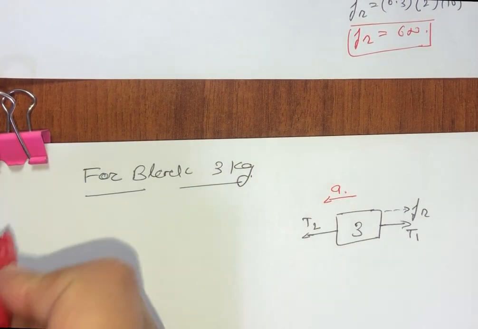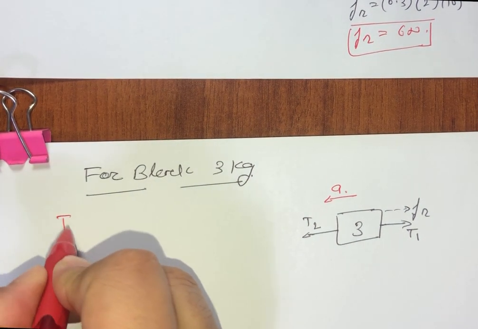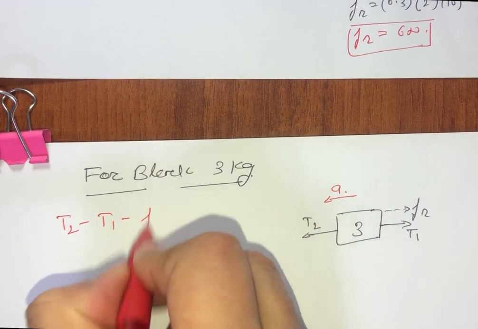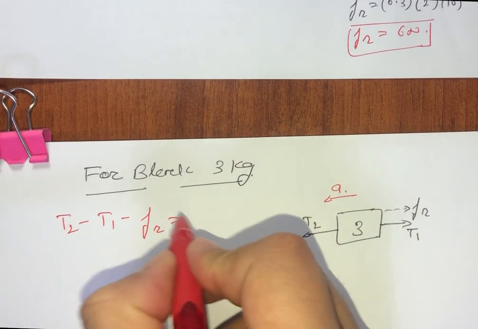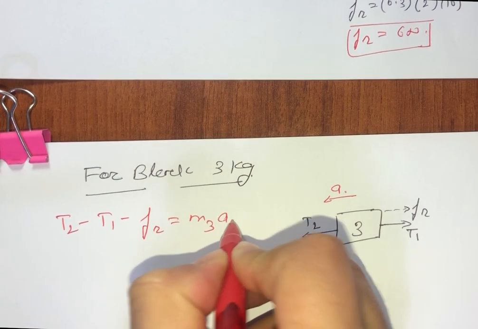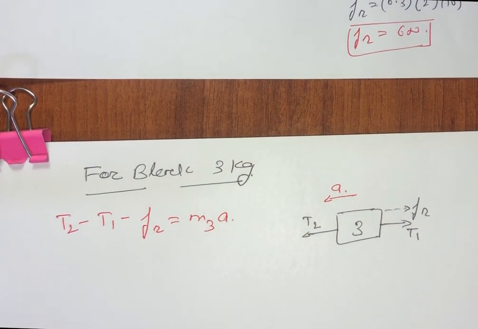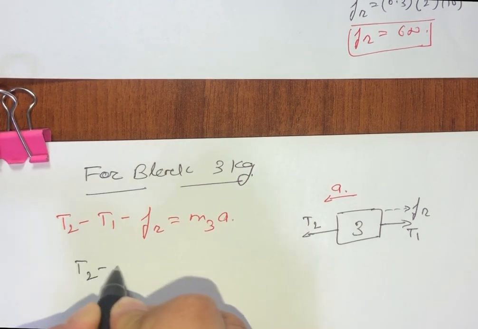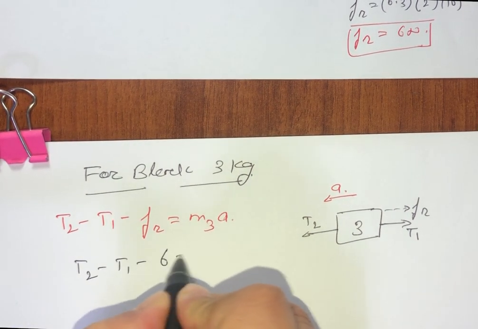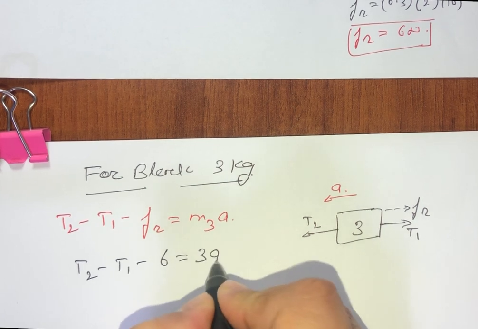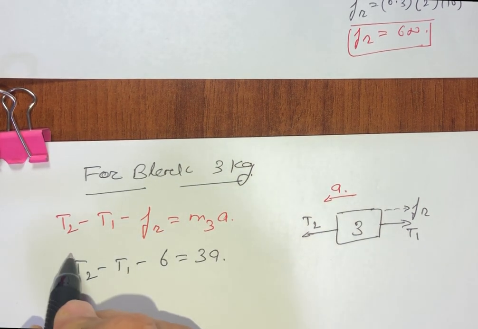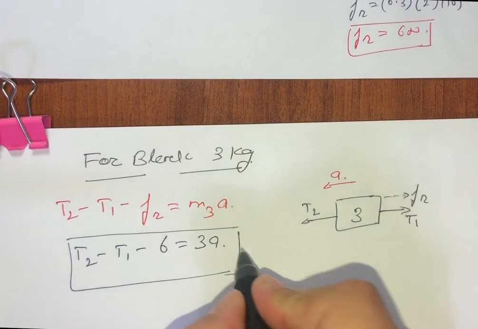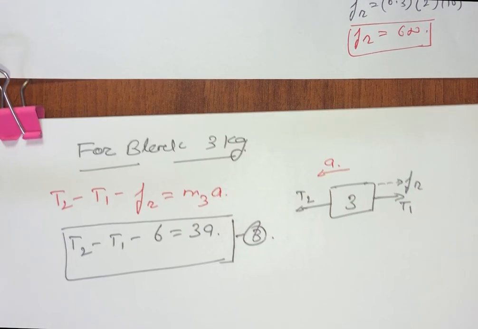So we can write the equation as T2 minus T1 minus FR will be equal to M3 multiplied by A. FR is 6 newtons, so T2 minus T1 minus 6 is equal to 3A. Let us call this equation number 3.